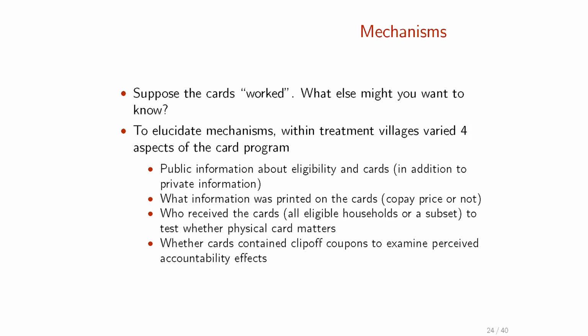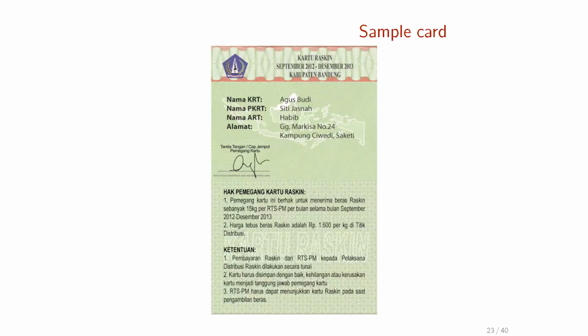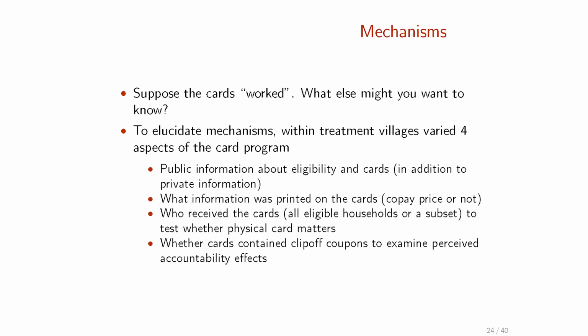As far as I understand the genesis of this project, the government comes to them and says, hey, we are interested in distributing this card, but we want to know whether it's going to improve the program. Can you help us? And they say, sure, but let's do a little more. Suppose that the cards do work. What else might you want to know?